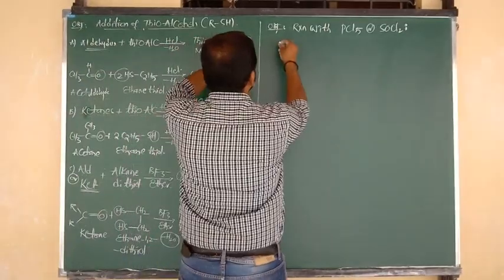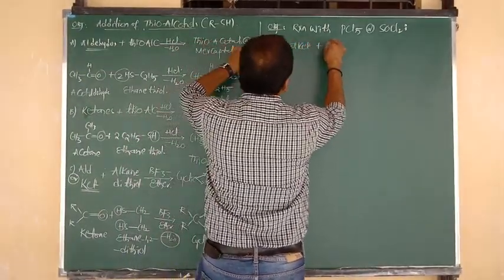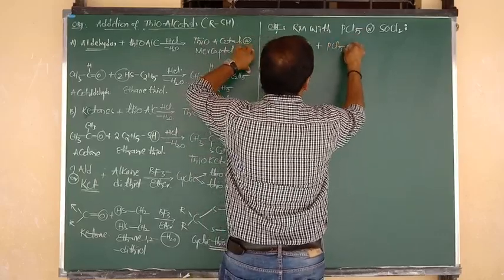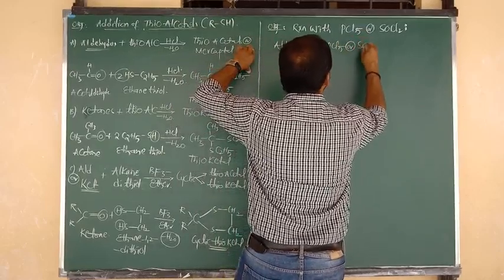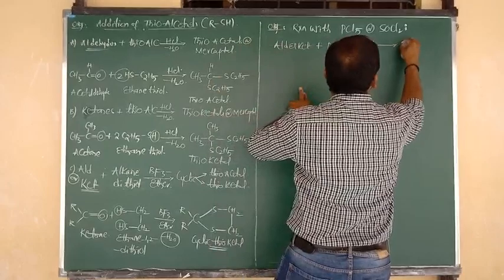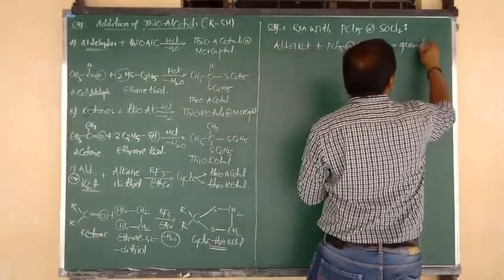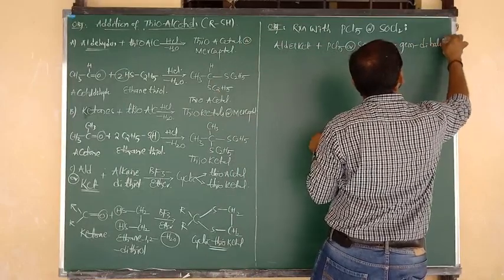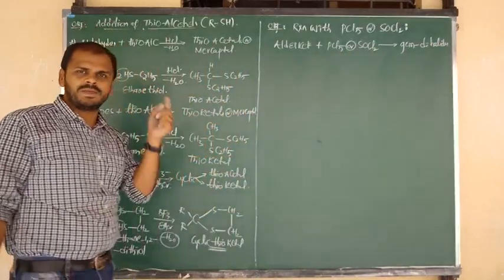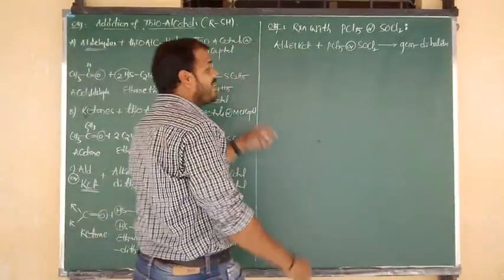Statement: aldehydes and ketones upon reaction with PCl5, phosphorus pentachloride, or upon reaction with thionyl chloride, SOCl2, will give a very special, unexpected product, that is nothing but the gem dihalides. Means two halogens are added only upon the one carbon. So the products are nothing but the gem dihalides.